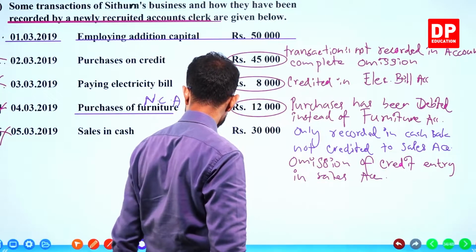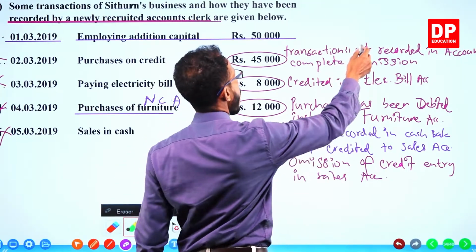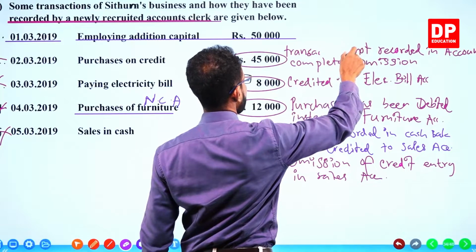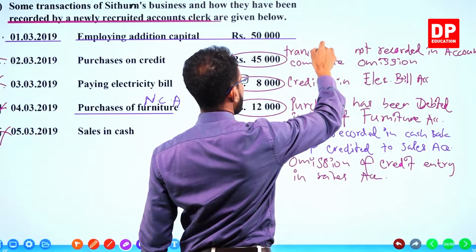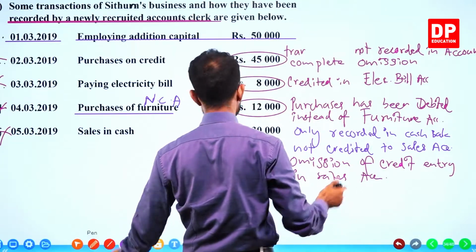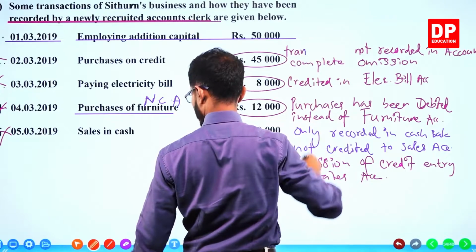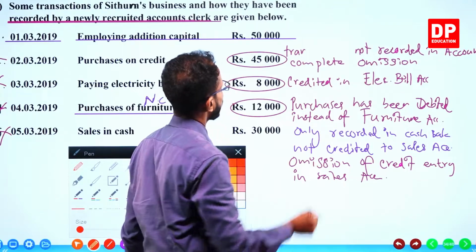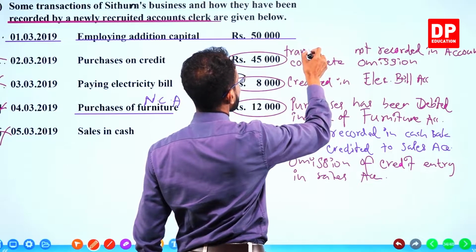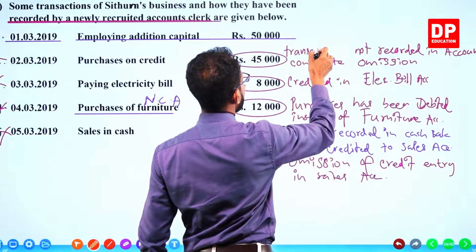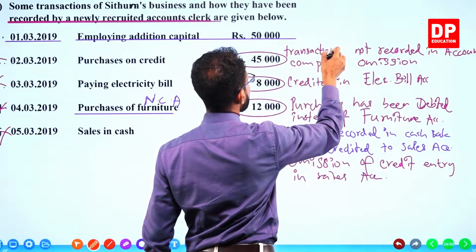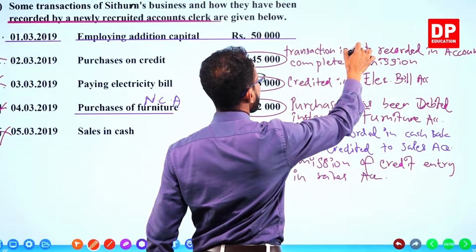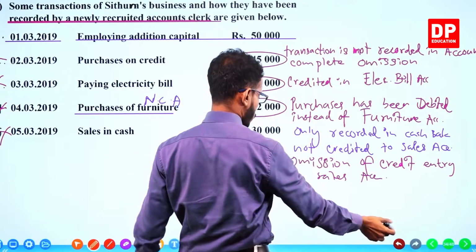It's a very, very simple one. Transaction is not recorded in accounts.